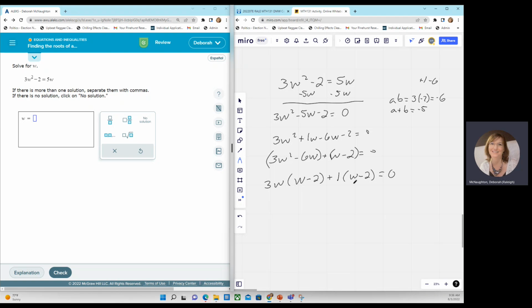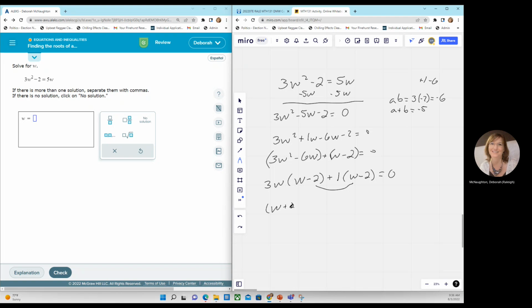So I have a w minus 2 in common, so I can factor that out in front. When I factor a w minus 2 out of the first term, I get 3w, and out of the second term, I get plus 1.